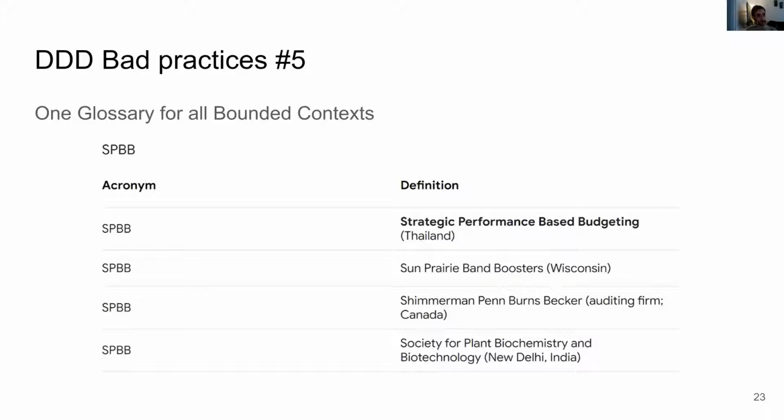In Wisconsin state it is Sun Prairie Band Boosters. In Canada and in India, we have other terms for SPBB. So if you have just one glossary, you can't solve this problem. You should have one glossary by bounded context.